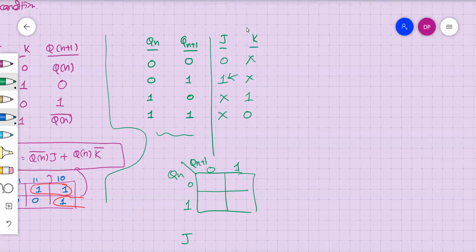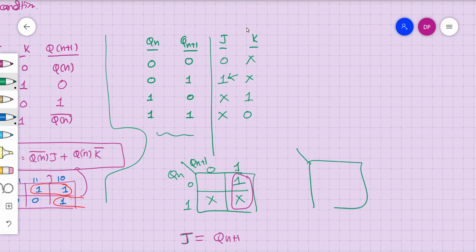When Qn is 0, Qn plus 1 is 1, 0, 1 here. And this is don't care, this is don't care. You can make a group like this. So J can be expressed as Qn plus 1.